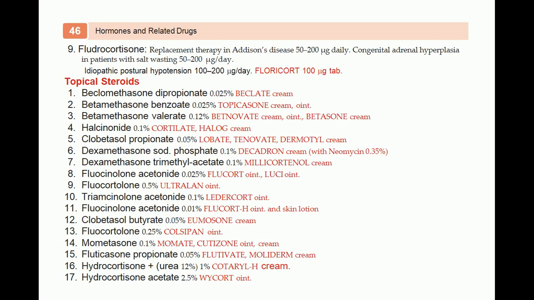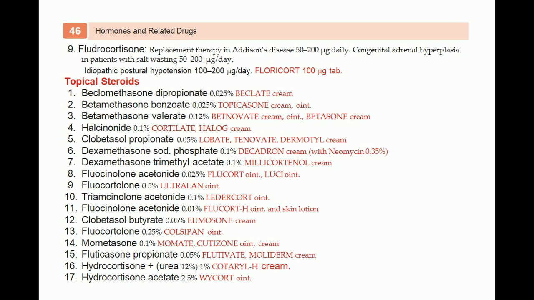Betamethasone benzoate 0.025%, which is available in cream as well as ointment form. Betamethasone valerate 0.12%, which I have already discussed in previous lectures, is in Betnovate cream, ointment, and Betasone cream.